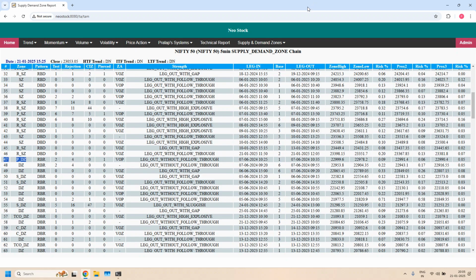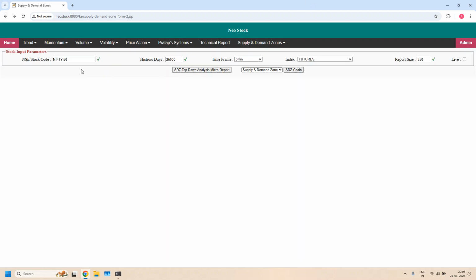Okay, this is about Nifty supply demand zone chain. Next, BANKNIFTY, that is nothing but Nifty Bank. So generating monthly supply demand zone chain for BANKNIFTY.